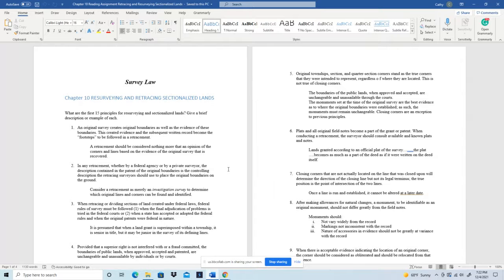So retracement should be considered nothing more than an option of the corners and lines based on the evidence of the original surveyor that was recovered. So that kind of deals with what we're dealing with even in North Carolina. If it's a recorded map and we're looking for the evidence, we're looking for the corners. We're looking for what the previous surveyor has put down on the ground, and we're trying to follow in its footsteps.